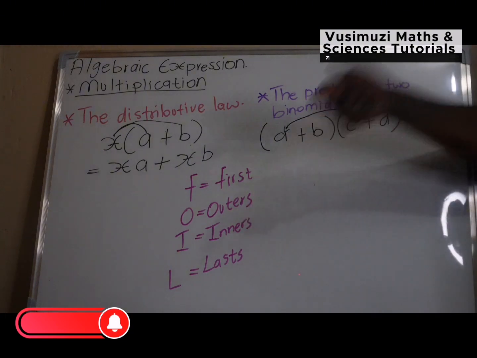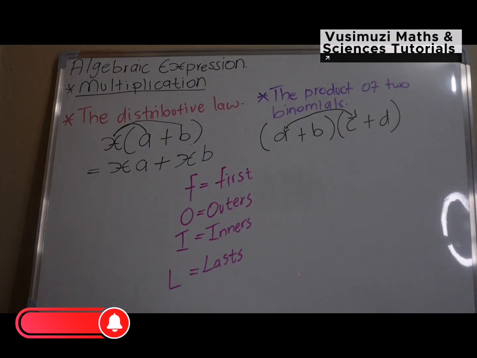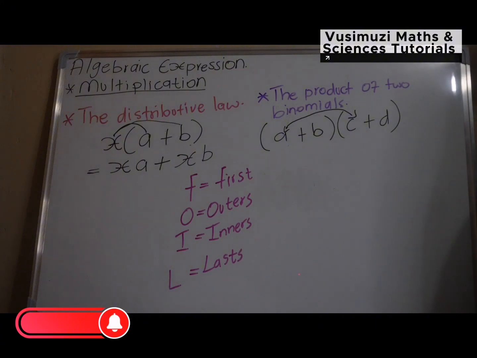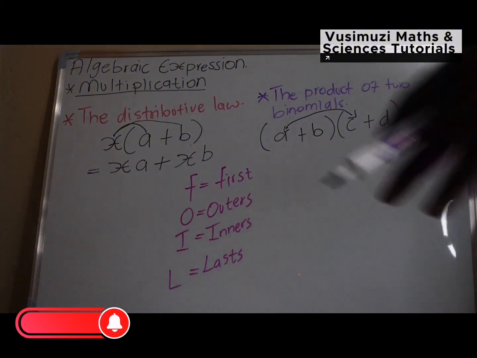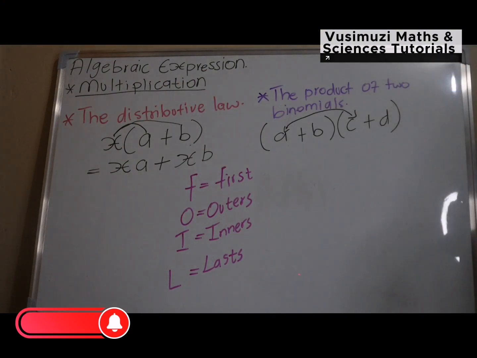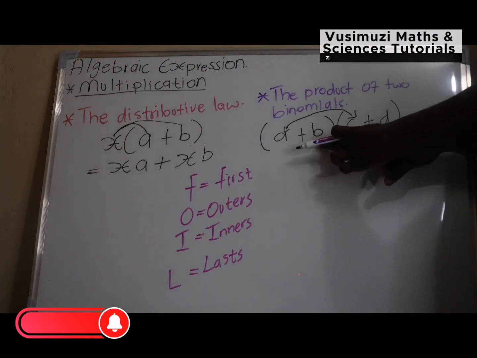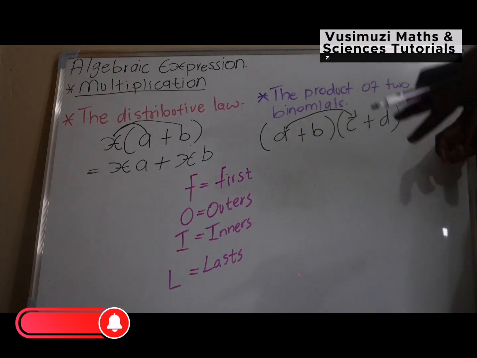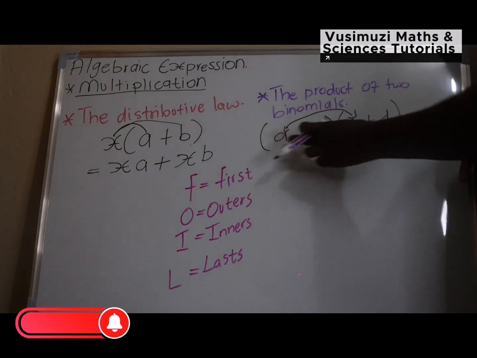Then O for outers. Outers are those expressions that are on the side of the bracket. B and C are not out, they are inside, but A and D are exposed.